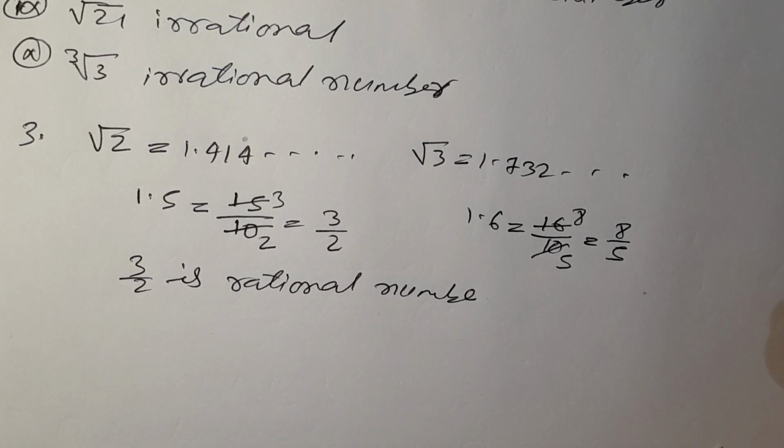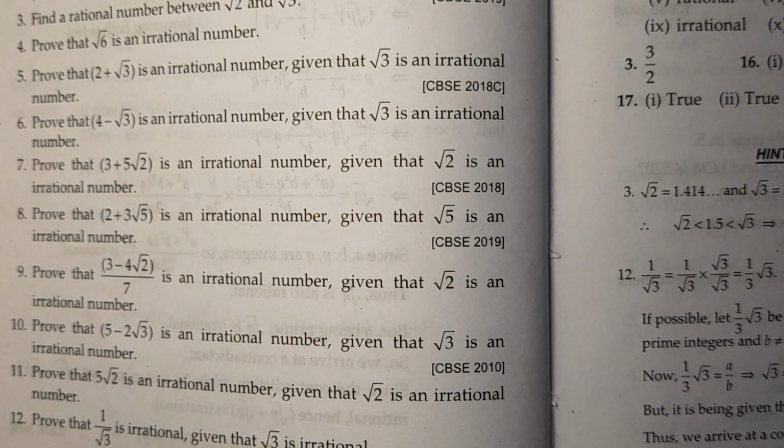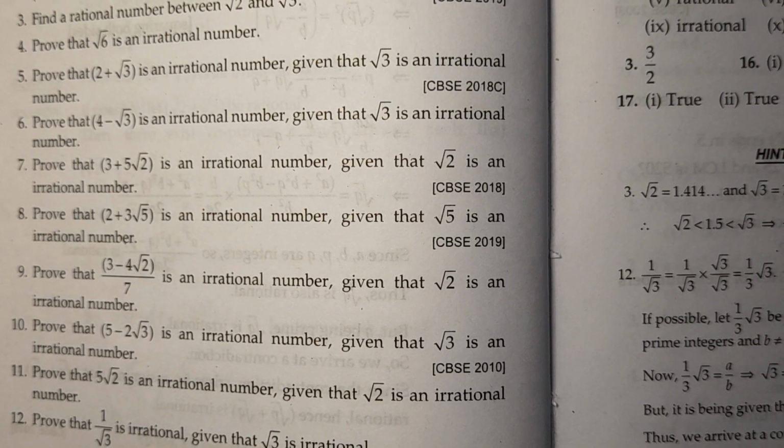So now come to question number 4. Question number 4 states: prove that root 6 is an irrational number. It is the same as proving root 2 is an irrational number, only instead of 2 it will be root 6.